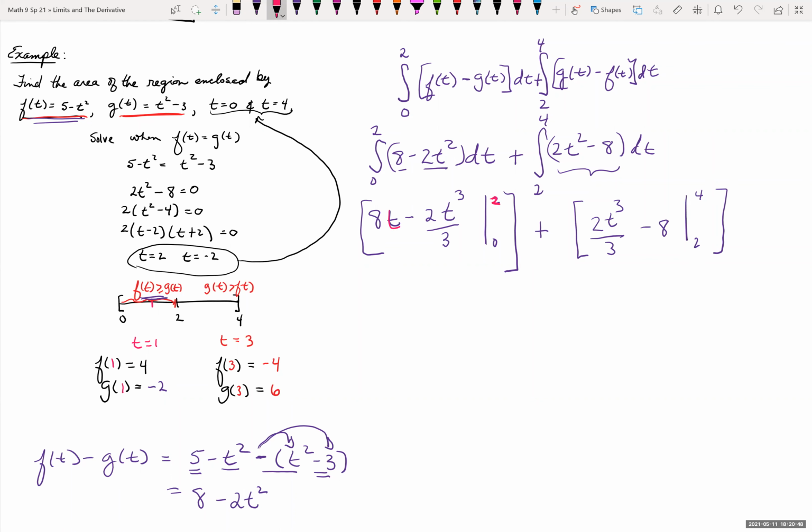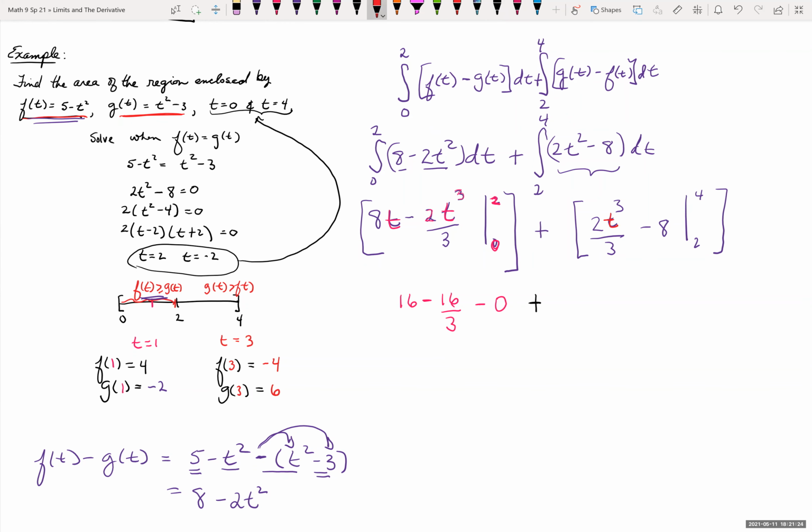So plugging that in wherever we see a t, we're going to have 8 times 2, which is 16, minus 2 cubed is 8. But once I do that, I have this 2 in front, so that's 16. So minus 16 over 3. Minus, now plug in 0 wherever you see a t, that's just 0. Plus, so now we're going to plug in 4 wherever we see a t.